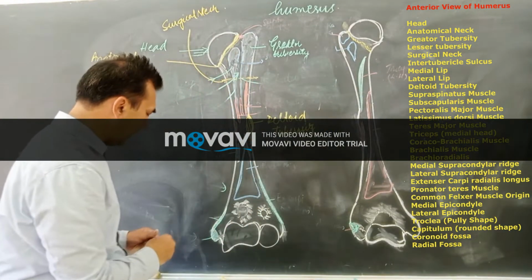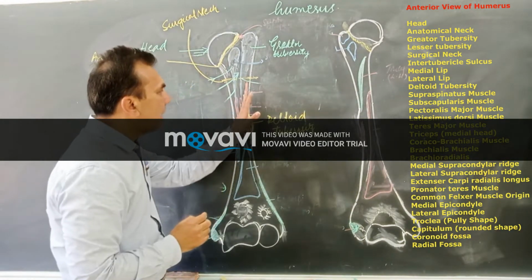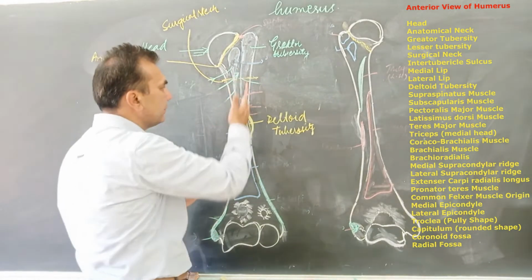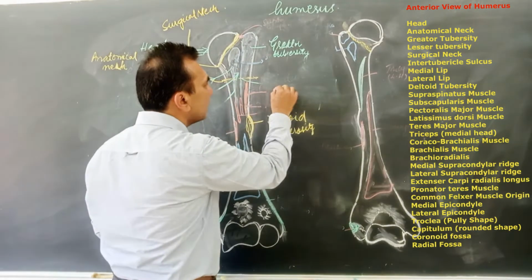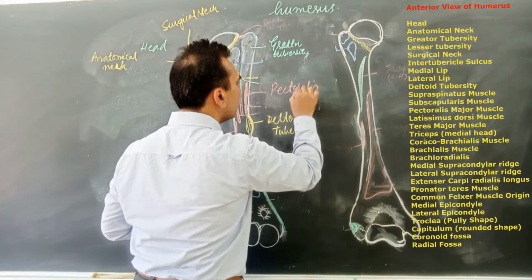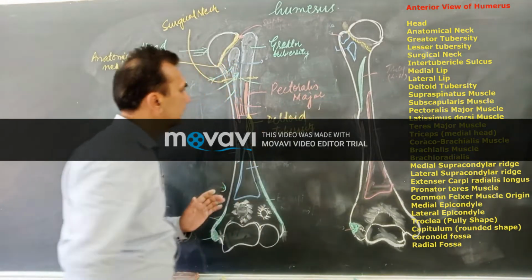Just above the deltoid tuberosity is a crest-like structure, and this crest is for the attachment of the pectoralis major muscle.